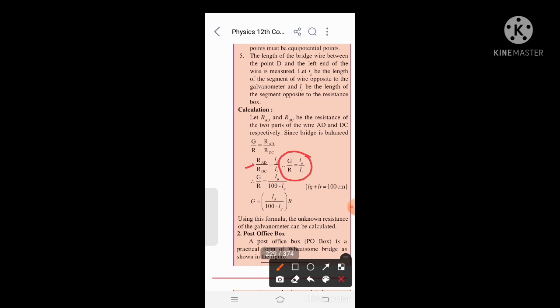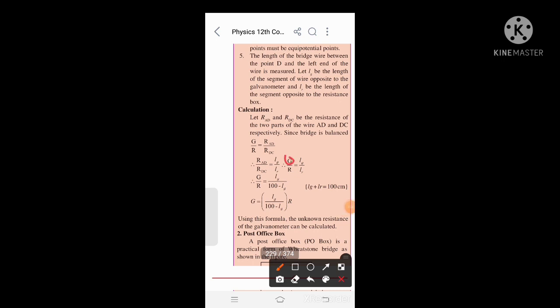in which R has a known value, Lg is the measured balancing length between point A and D, and Lr is the balancing length between points D and C. That's why these three values R, Lg and Lr are known, and using the balancing condition with the equation G upon R is equal to Lg upon Lr, we can easily find the resistance of galvanometer G using Kelvin's method.